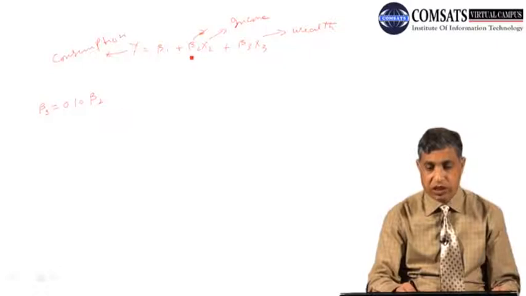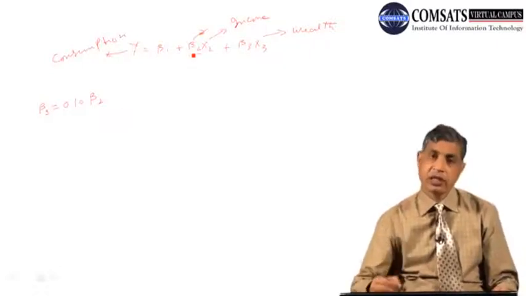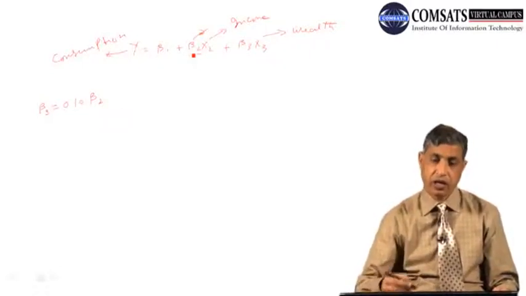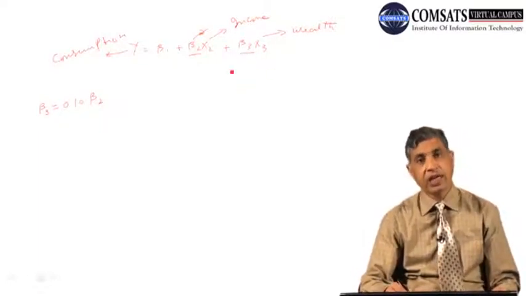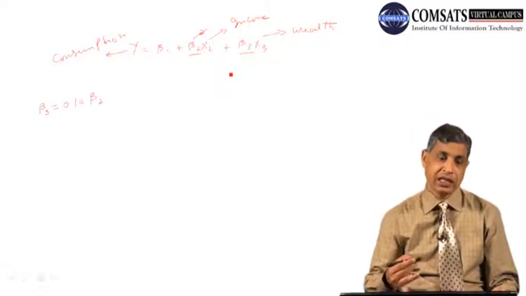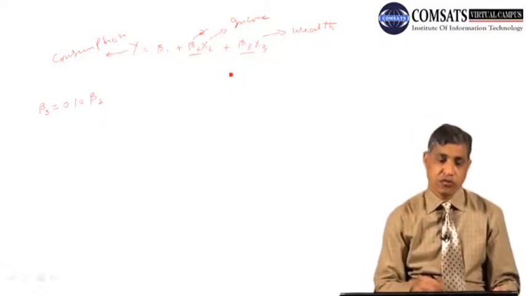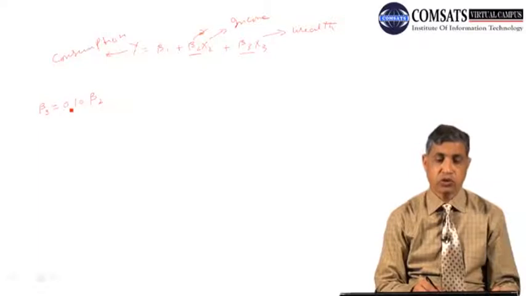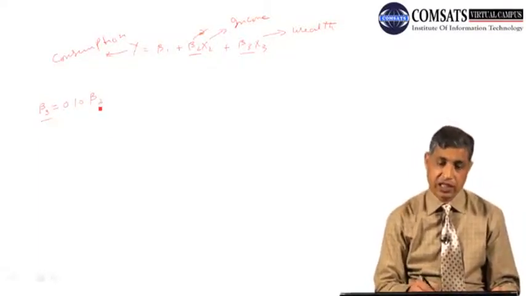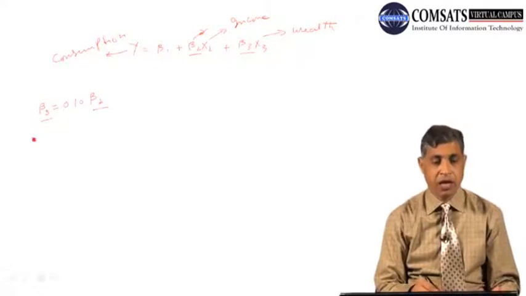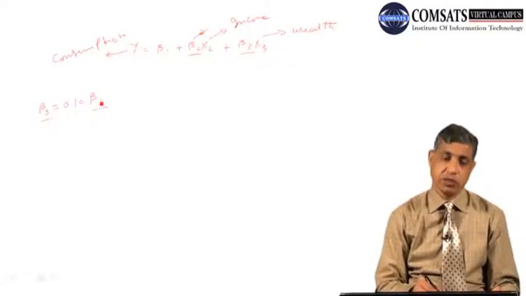This is beta 2, the effect of income on consumption, on Y. And we are assuming that beta 3, the effect of wealth, is 1/10 of beta 2. So beta 3 is equal to 0.10 beta 2. This is the effect of wealth, this is the effect of income, and this is 1/10 of beta 2.